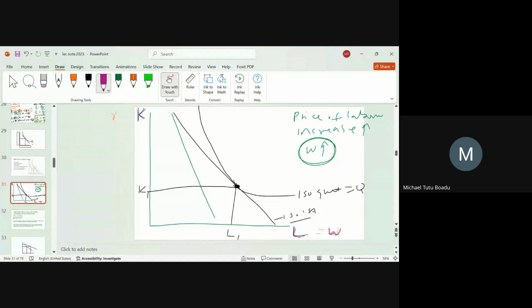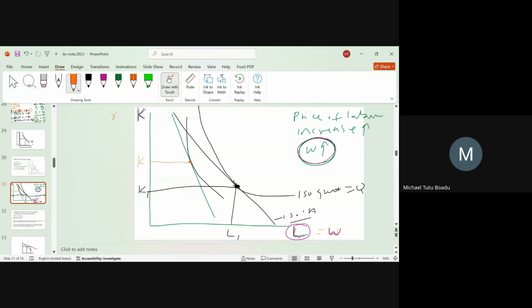So because the wage has gone up, it is going to force the firm to reduce the hiring of labor and rather increase capital. So we'll have the new isoquant occurring anywhere here. So this is the equilibrium.